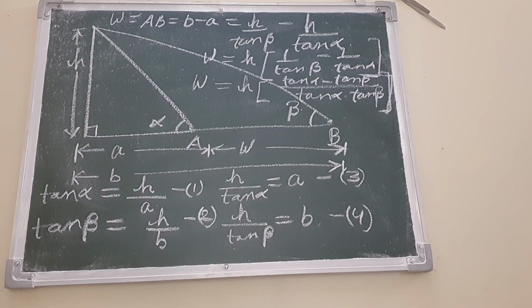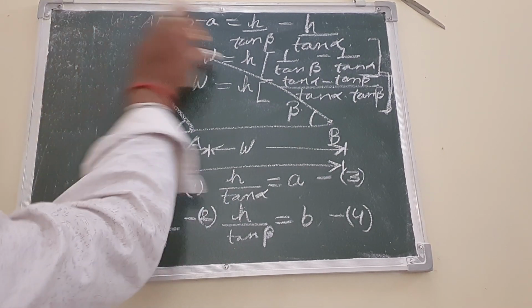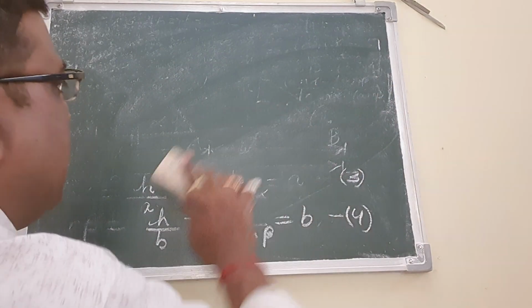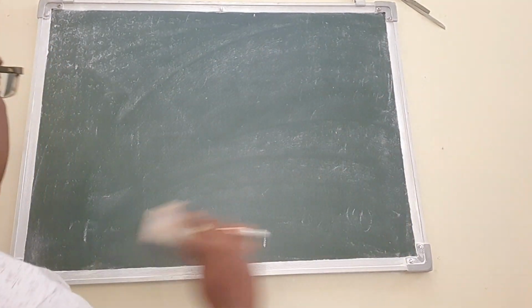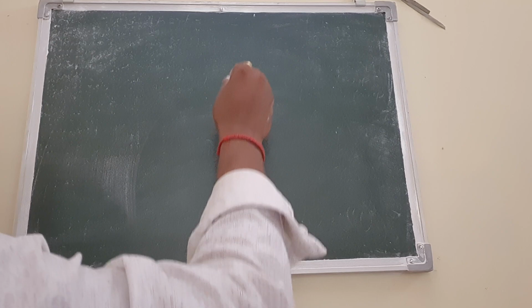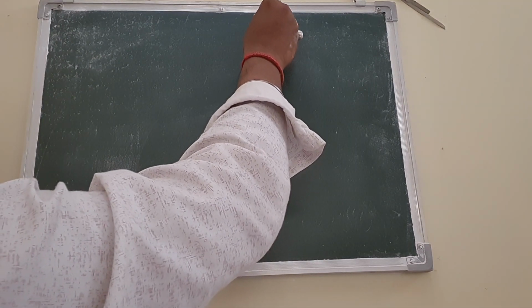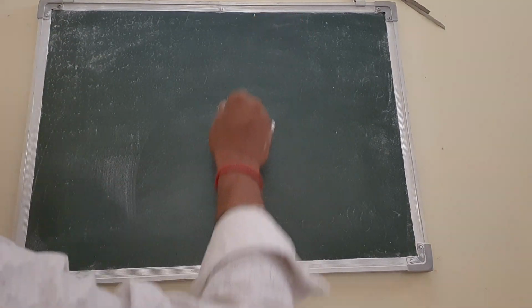The next question is: there is a balloon and the balloon is rising. This is also a very important question, it can come in your exam. This has come in the UP boards.